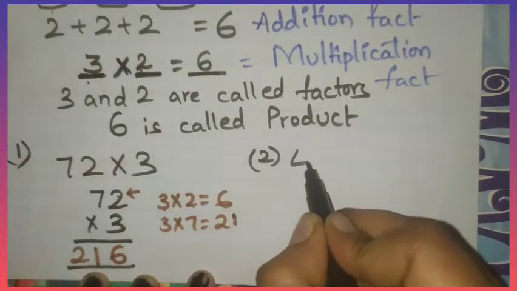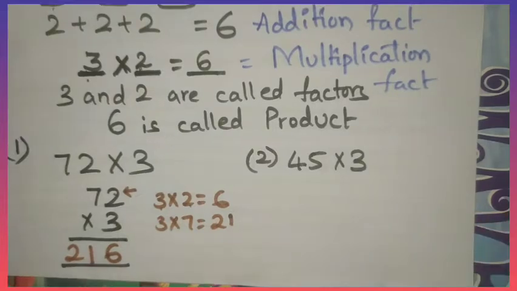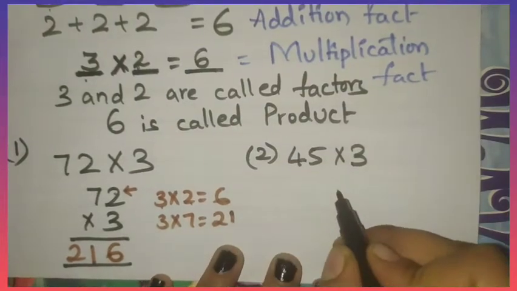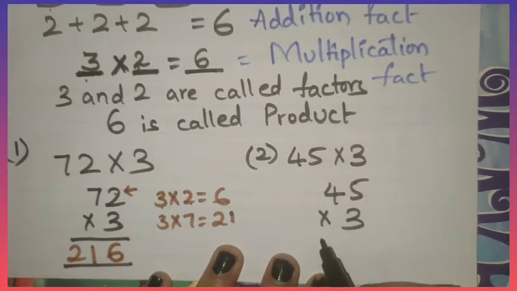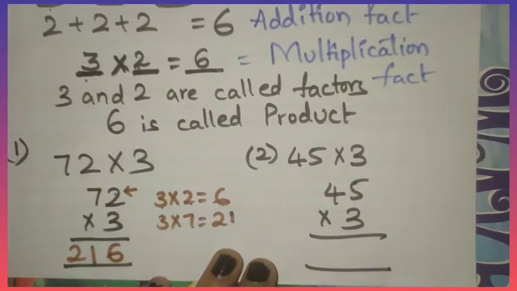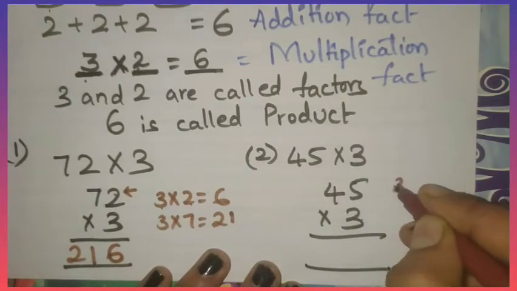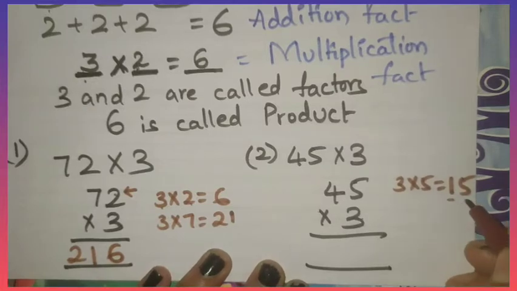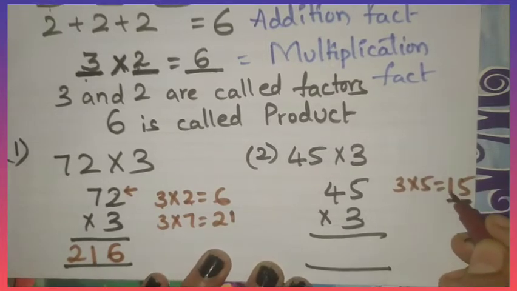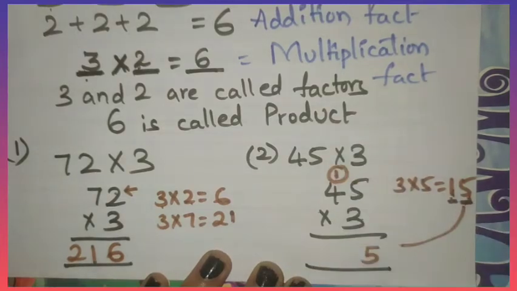Look here, children, 45 into 3. We'll write like this: 45 into 3. Always we have to start from the ones place. 3 5s are 15. Since 15 is a 2 digit number, we'll write 5 here, and this 1 is taken as carry.